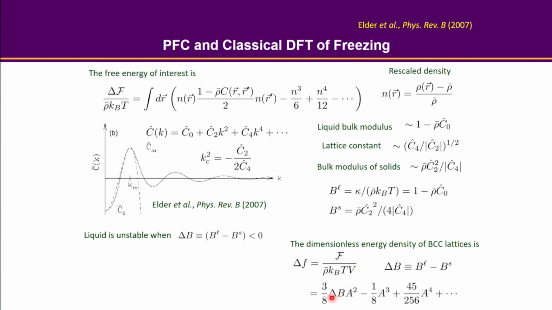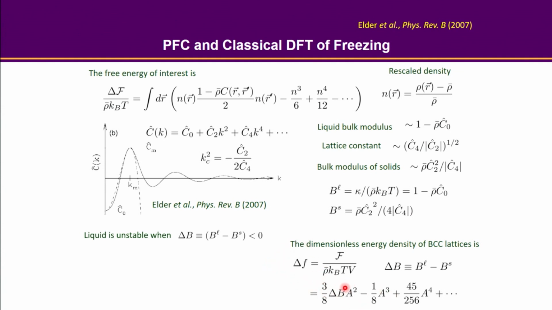If delta B is less than 0, which means BL is less than the solid bulk modulus, the liquid bulk modulus is smaller than the solid bulk modulus, then you are expecting the energy drops, right? Because delta F would be less than 0.